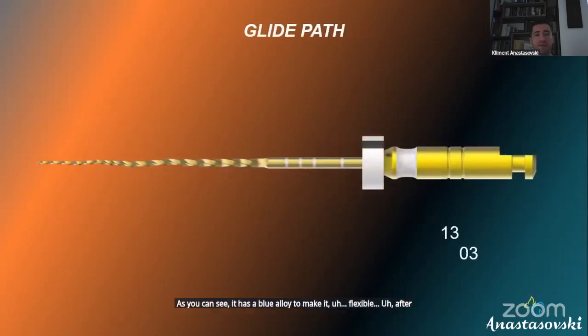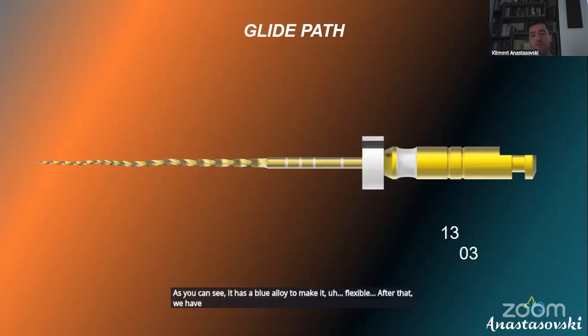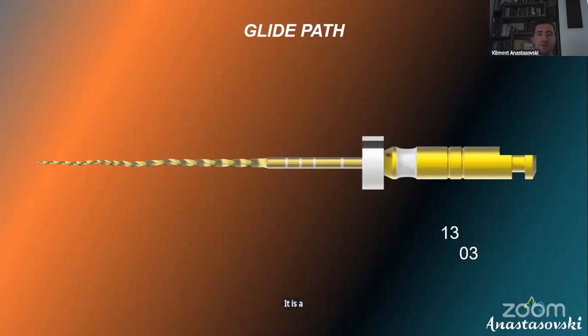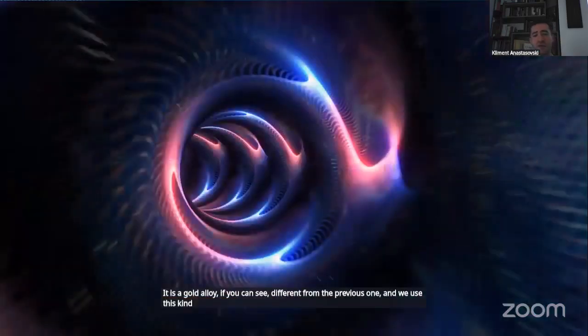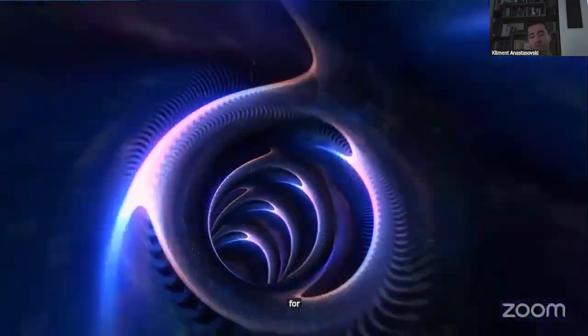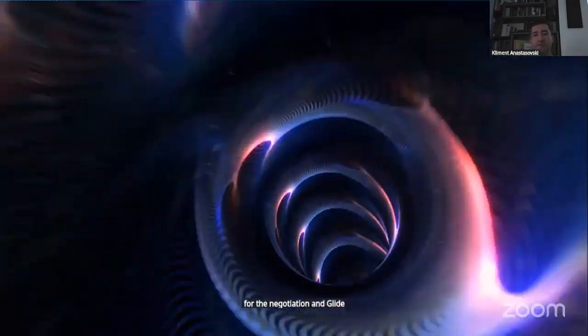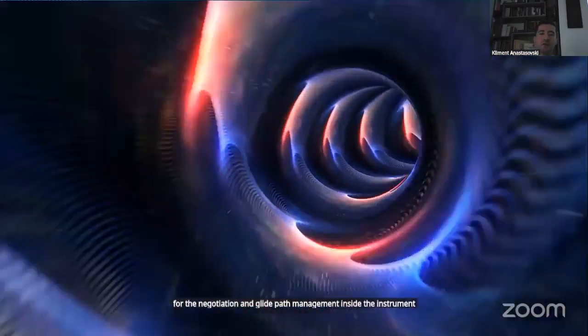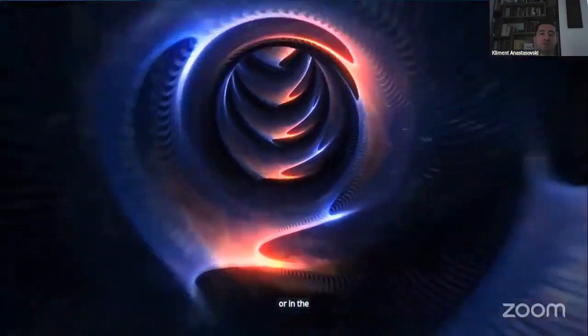After that, we have the R1 file, which is the glide path file inside this file system. It is a gold alloy, different from the previous one, and we use this kind of file for negotiation and glide path management in the starting point of the shaping procedure.